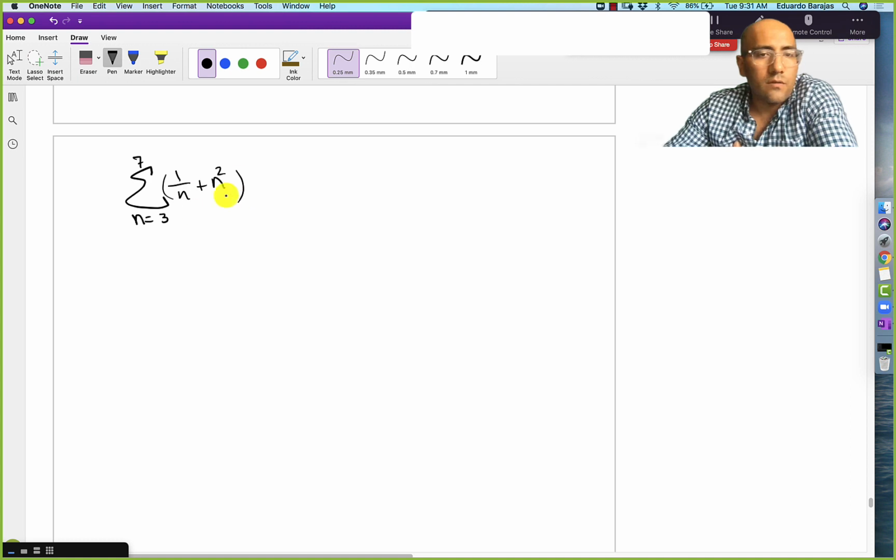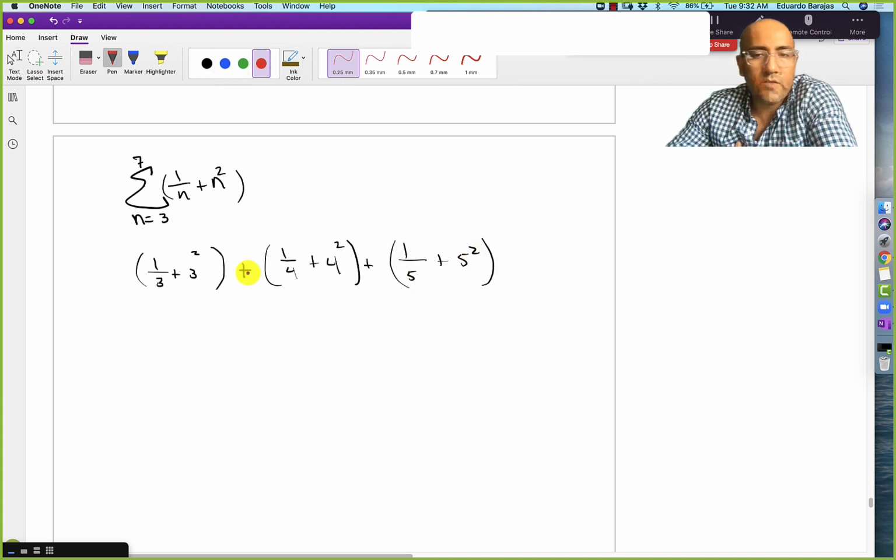So this is letting me know that I want to do 1 over 3 plus 3 squared. That's when n equals 3, plus 1 over 4 plus 4 squared, plus 1 over 5 plus 5 squared. So we just keep going with these summations.